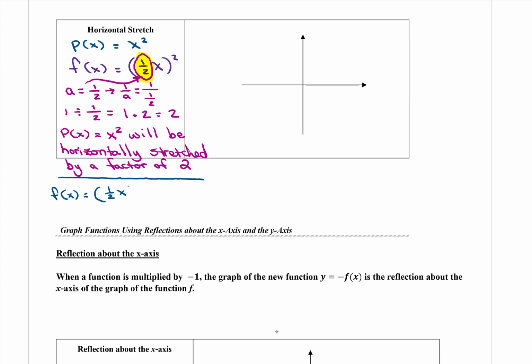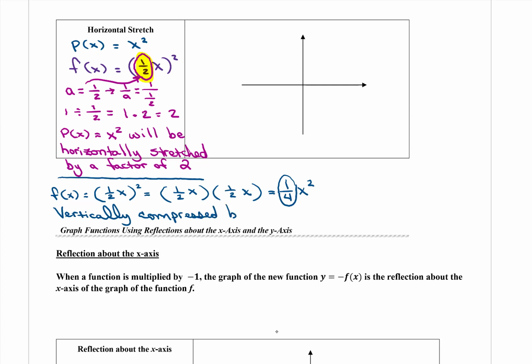So let's go ahead and come up with a table of values here. Oh no, let's not do a table of values. I was just kidding. I meant, let's go ahead and actually multiply this out so I can also show you that this could be represented as a vertical compression. If we multiply it out this way and we get 1/4 x squared, we could describe this transformation as being vertically compressed by a factor of 1/4.